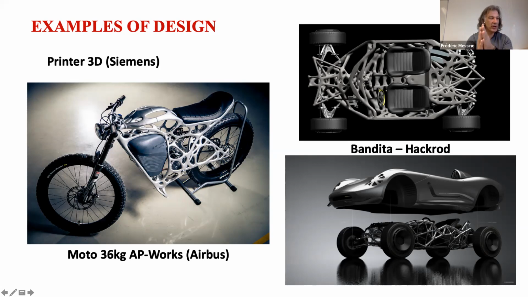We are very far from what a human can do. That's kind of a skeleton, something like that. The structure is very rigid and also very thin in some parts, and the weight is minimized. So that's a design problem.